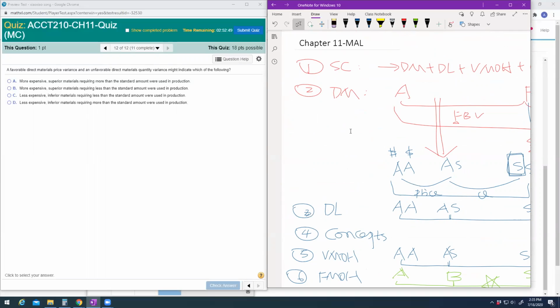Once you finish chapter 11, go back to chapters 9, 10, and 11 and make your own notes. Try to understand the logic. Variance is a very good logic to compare your actual with your budget. I want all of you to have a favorable variance in the exam. You thought you would get 90, but you get 100, so you have 10 points favorable.